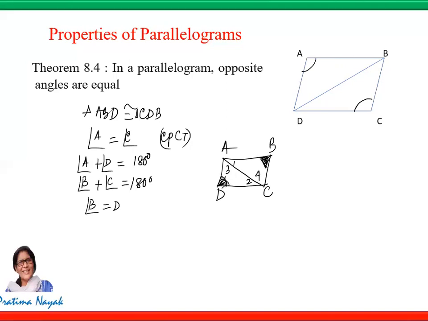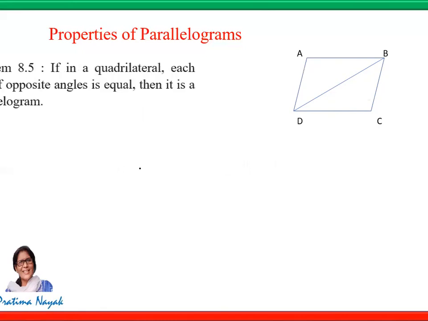In one way you can remember, A plus D is 180, co-interior angles. Can you recall what is co-interior angle? If there are two parallel lines, these two sum to 180 degrees. This is called co-interior angles. B plus C is also co-interior angles. So from 1 and 2, A is equal to C, so B is equal to D.